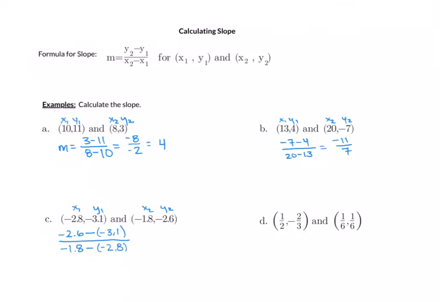Now each of these minus and negatives become plus. Negative 2.6 plus 3.1 is 0.5, and negative 1.8 plus 2.8 is 1. If we simplify this, this is the same thing as 0.5.